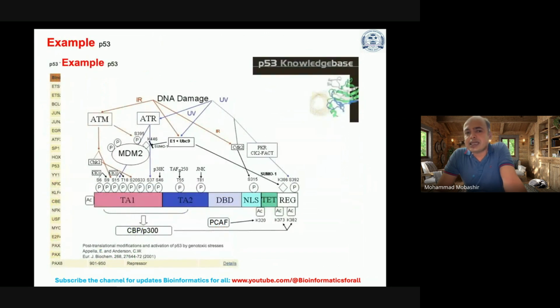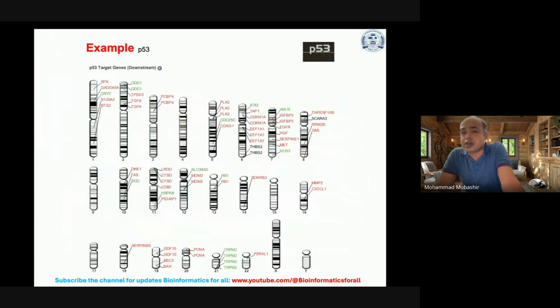So here, as a network, you can see in a complex way how TP53 is regulating DNA damage, which is very important in cancer, or in controlling the cancer process, or in association with different types of cancers. It's not with one. Now it comes to TP53 target genes' locations on different chromosomes.